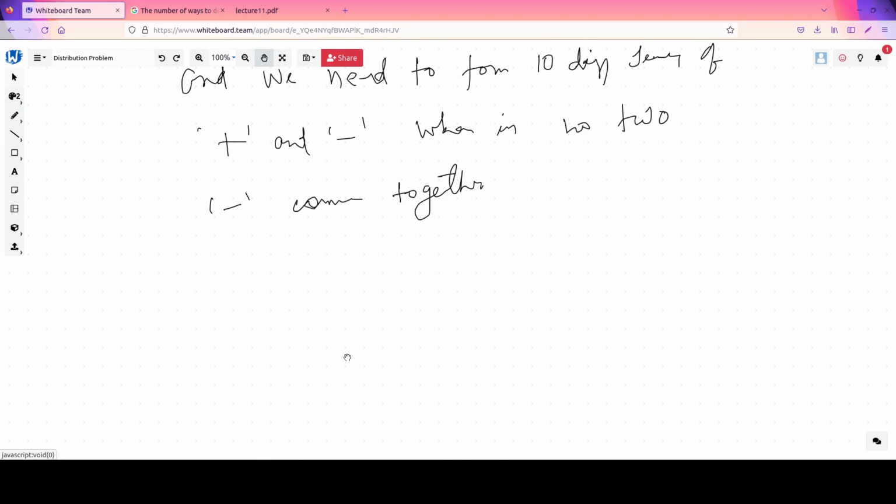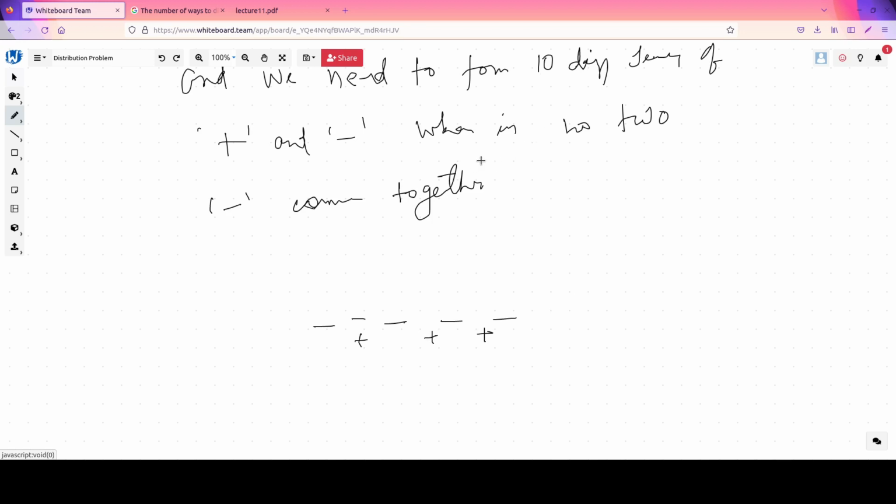So the way of solving it is that first we place the 4 negative signs, 1, 2, 3 and 4, right? Since no two of them can be together, there must be a positive sign here, and a positive sign here and a positive sign here, right?